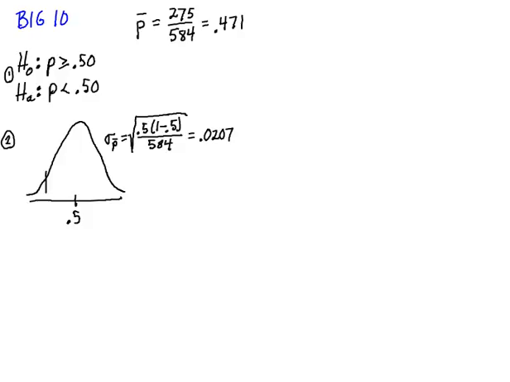Also, I have a level of significance, alpha equal to 0.05. And since we're working with proportions, this is going to give me a critical value of negative 1.645, lower tail test in this case.